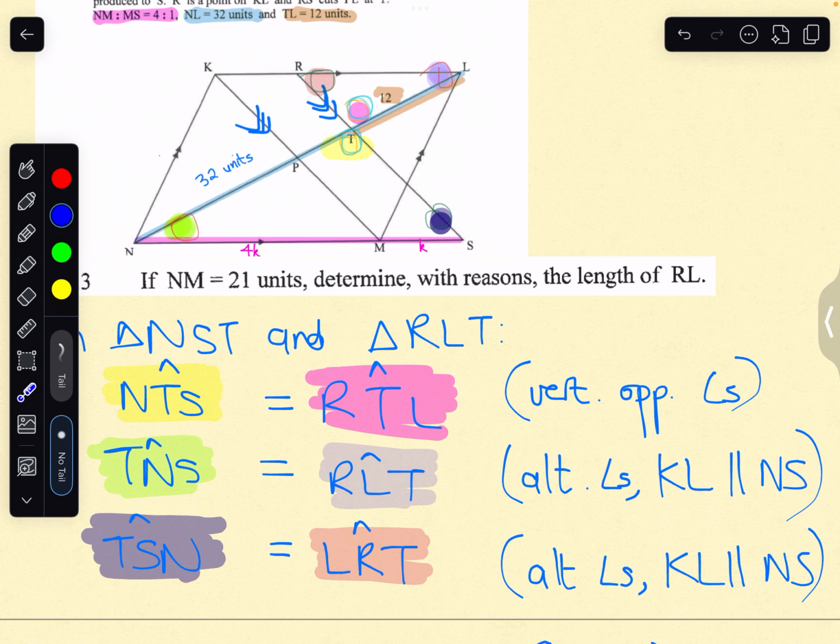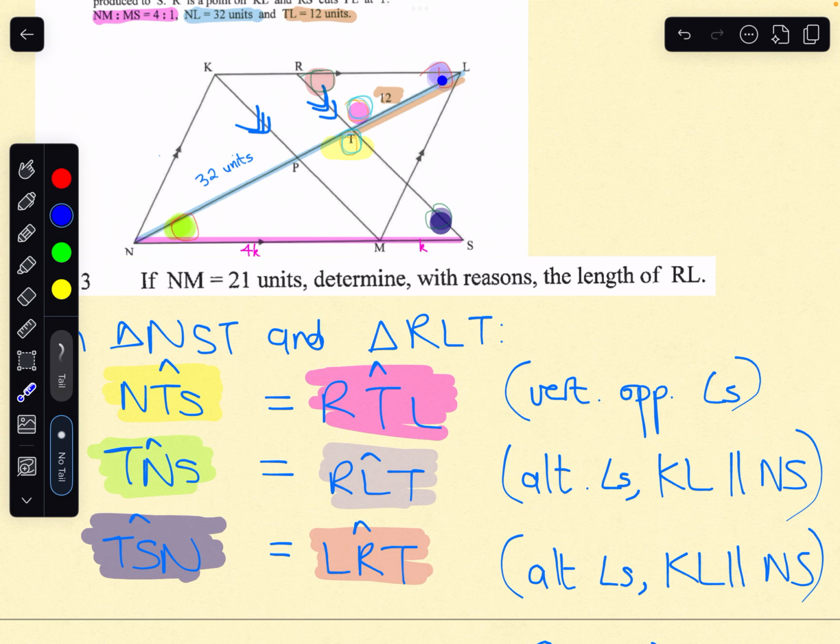Okay, so just to go over that again, they use the fact that KL is equal to NM because opposite sides of a parallelogram are equal. And we've been told that NM is 21, so this is also then 21. And then they use the fact that we know this is 12 and this is 4 from previous calculations. And because these two sides are parallel, that means this line is splitting this side in the same proportion as it's splitting this side.